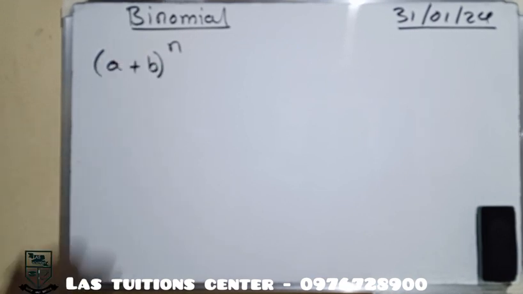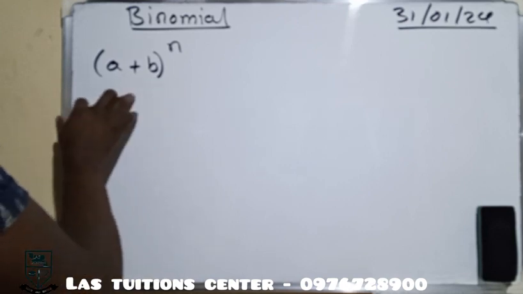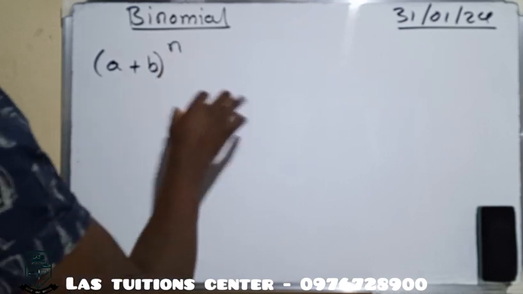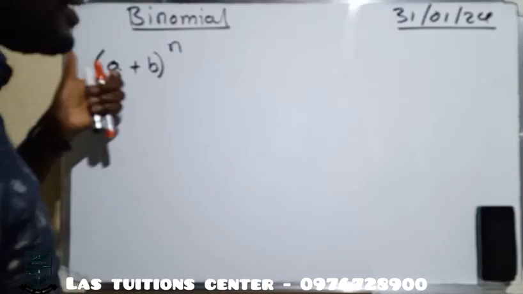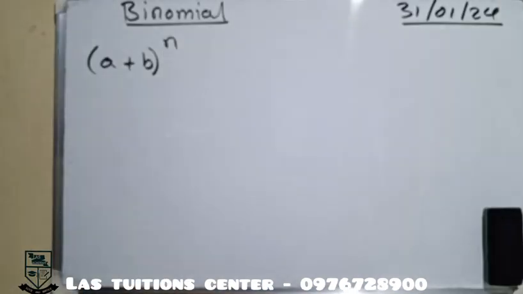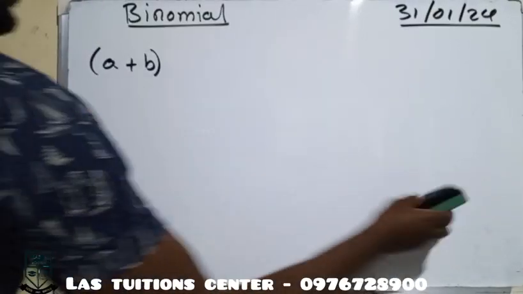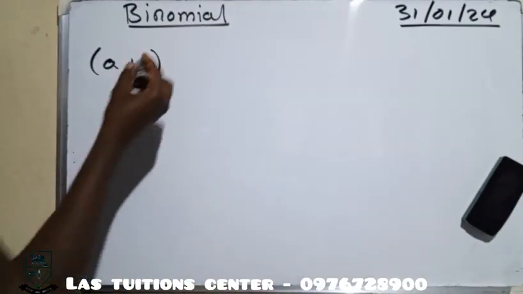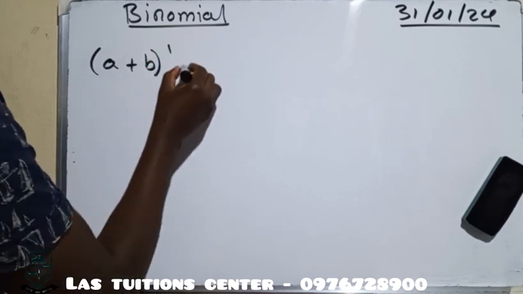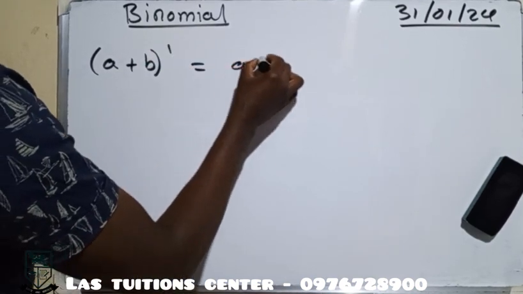We need to know how to expand such a given expression. For instance, if this n is 1, we just have the same a + b.